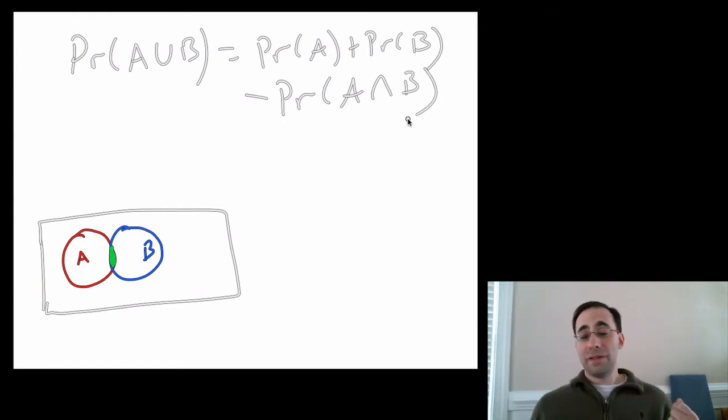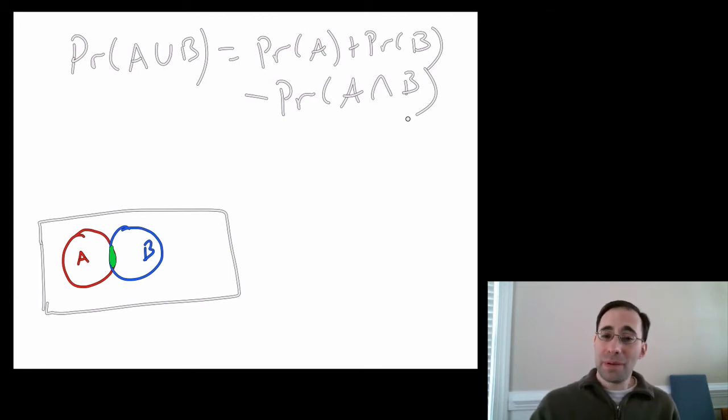The probability that A or B happens is the probability that A happens plus the probability that B happens minus the probability that A and B happen, to avoid the double counting.